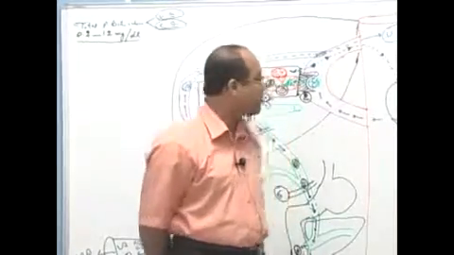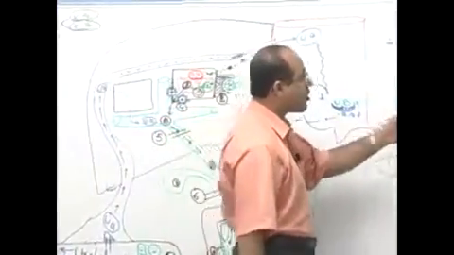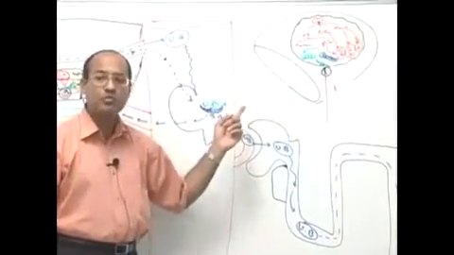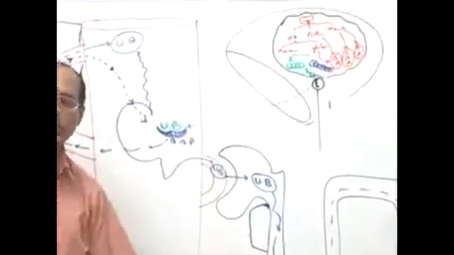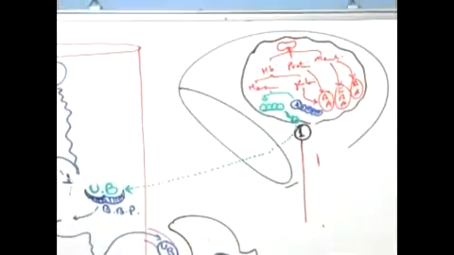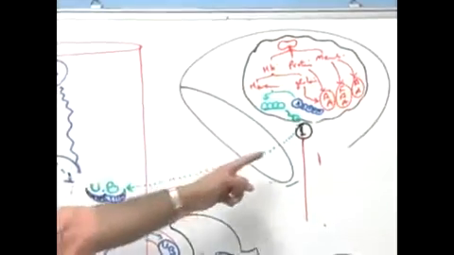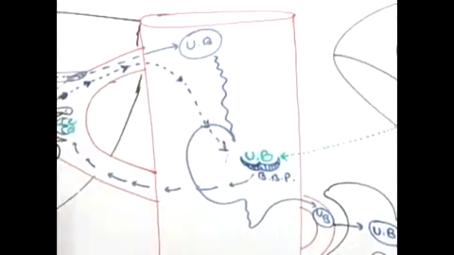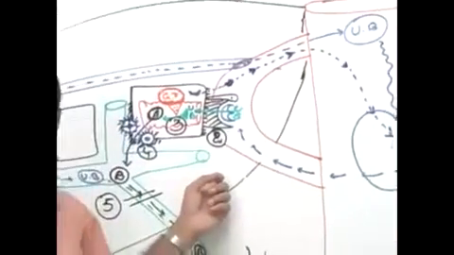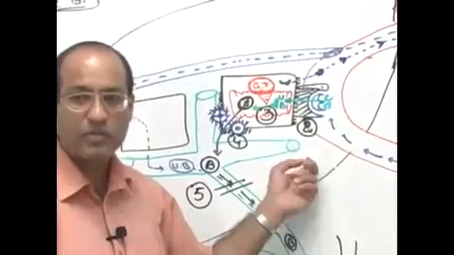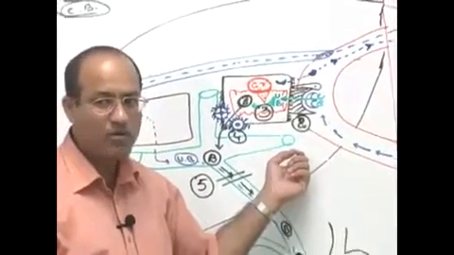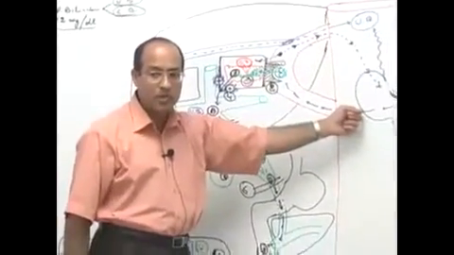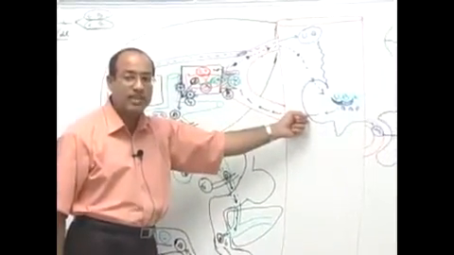Is that right? Now, remember here, if the cause of unconjugated hyperbilirubinemia is just excessive production, usually the bilirubin level in the blood does not go more than 5 to 6 milligram per dl. Again, let me tell you. If you have a problem due to which you are producing excessive bilirubin, whatever excessive bilirubin you produce, if your liver is functional, the liver is capable of handling extra bilirubin, and it won't allow unconjugated bilirubin to dam up in the blood more than 5 to 6 milligram per dl.